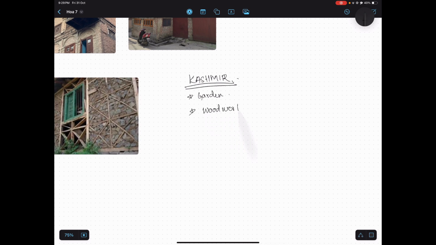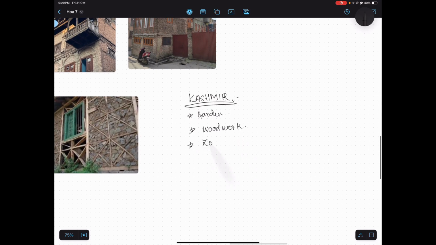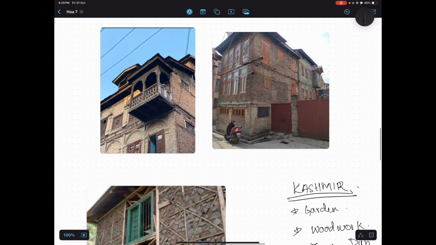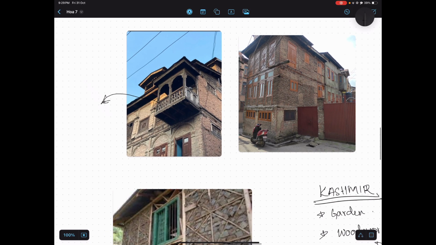And they also had something called zundab, or it's also called a moon box window or a moon box balcony. Now these moon box balconies or zundab are projecting balconies that sometimes protrude out of your building structure. So this is zundab.